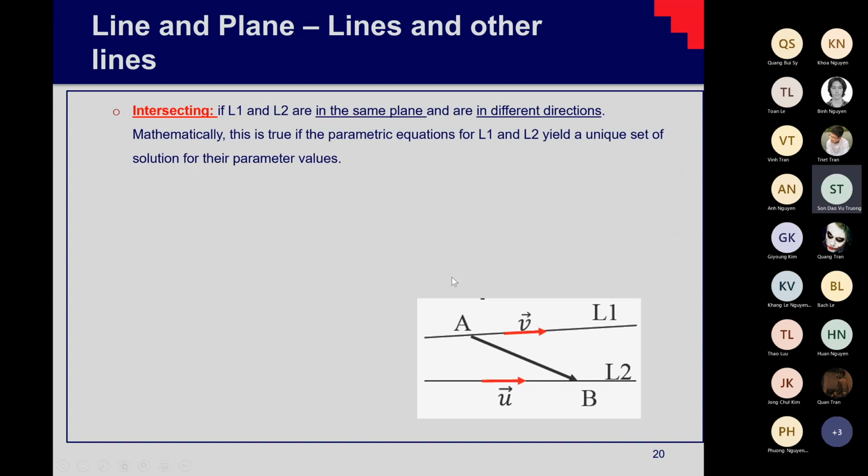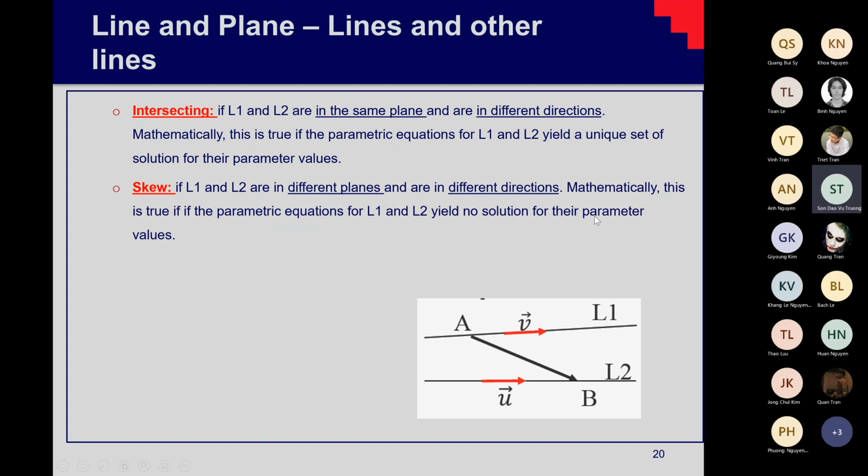Another one is intersecting. If L1 and L2 are in the same plane and in different directions, mathematically speaking, this is true if the parametric equations for L1 and L2 return a unique set of solutions for their parameter values.